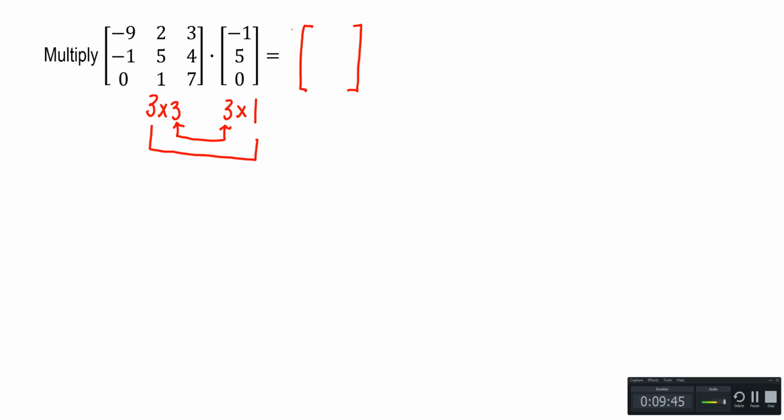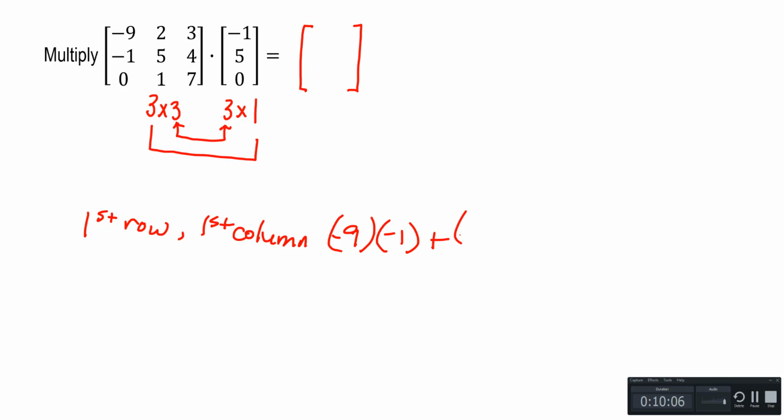Okay, so we're just going to go across and down. We're going to do first row of the first matrix and first column, there's only one, of the second matrix. So we're going to have 9 times -1, which is -9, plus 2 times 5, plus 3 times 0.